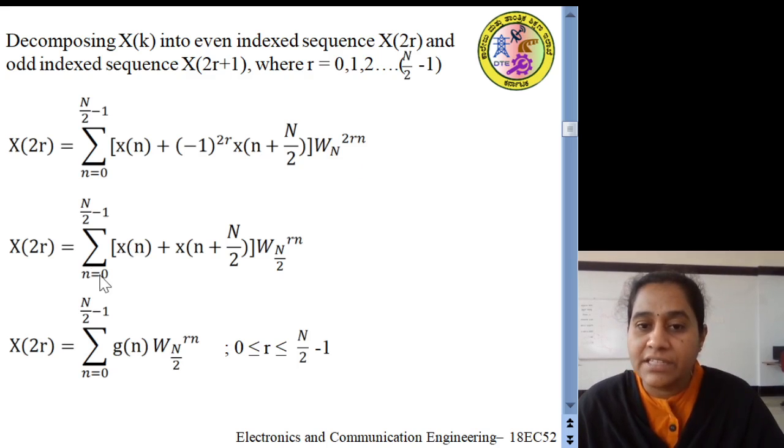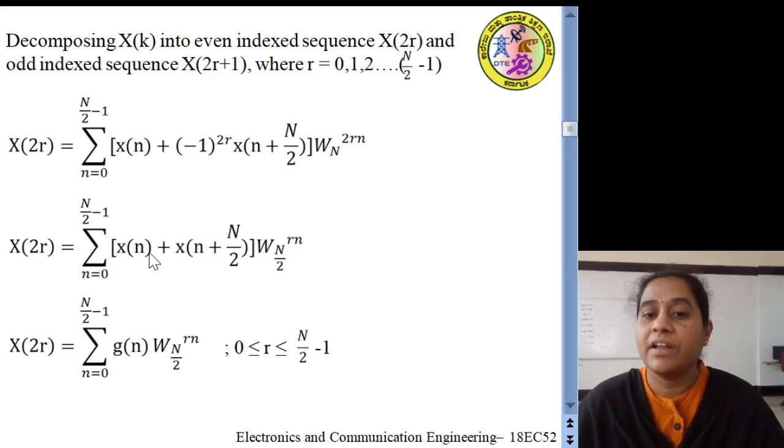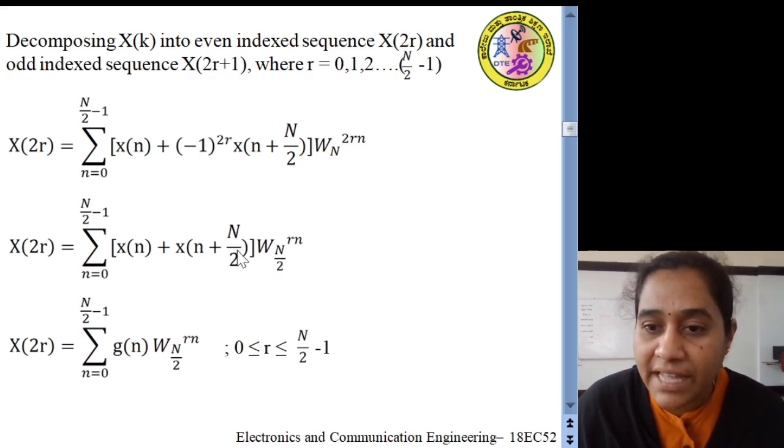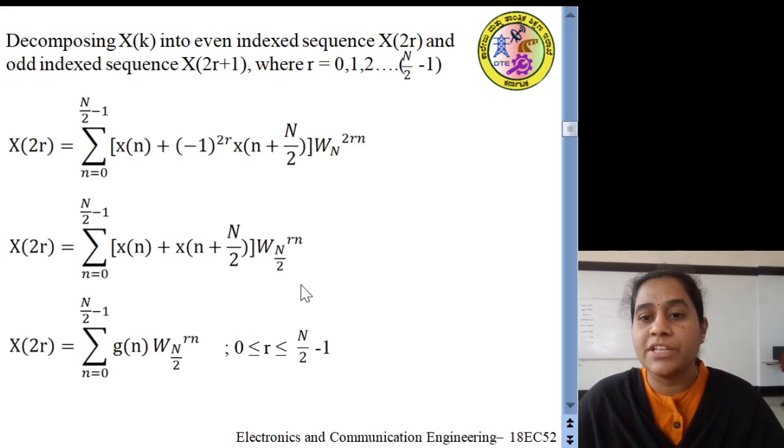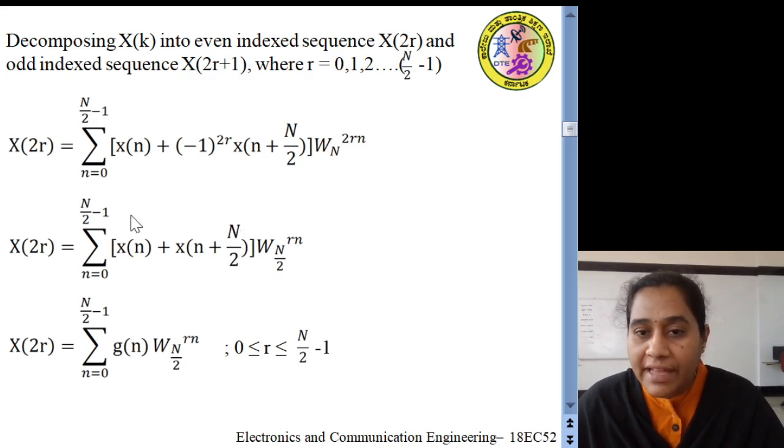If we simplify this, we obtain x of 2r as summation n varying from 0 to N by 2 minus 1, x of n plus x of n plus N by 2, whole thing multiplied by WN by 2 raised to the power of rn. And we can replace the term within this bracket with g of n.